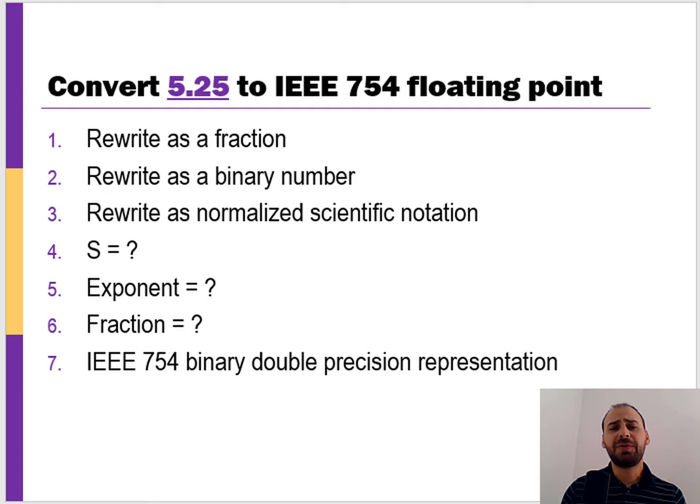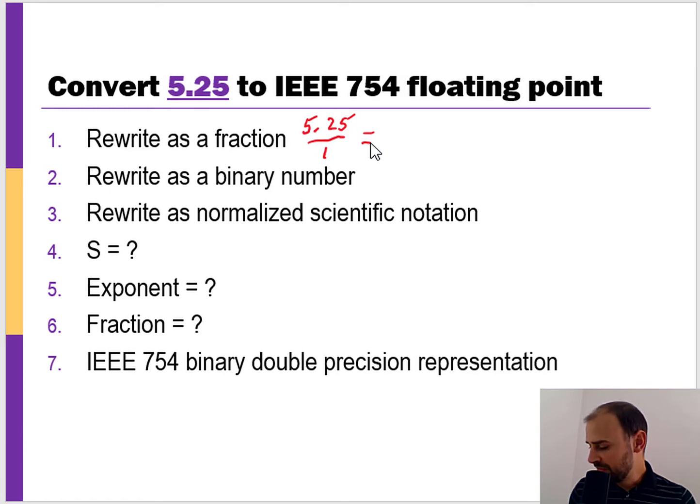The first step is to take this base 10 number, 5 1/4, and express it as a fraction. Our goal is to have integers in the numerator and denominator, dealing with powers of 2, so we continue to double the size of the denominator until we no longer have a fraction in the numerator.